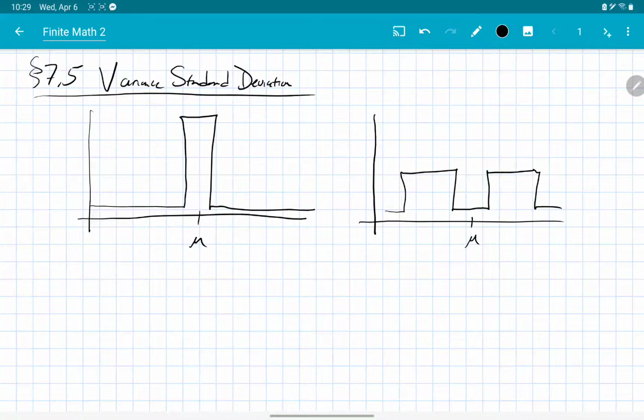And so we want to figure out, can we get a number that tells us which of these scenarios we are more like? Do we have the data clustered around the mean, or is the data spread out around the mean? And that's what variance and standard deviation are measures of.